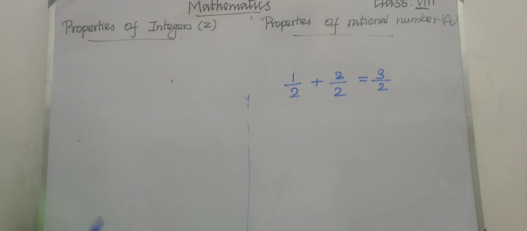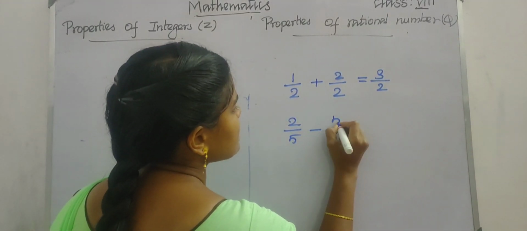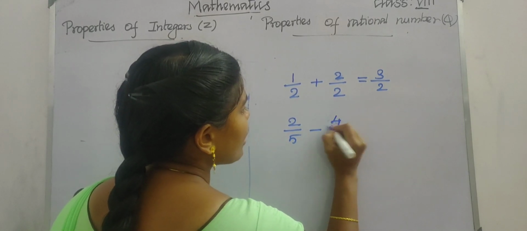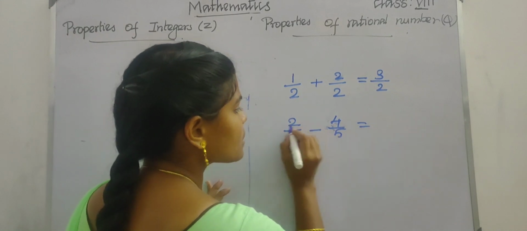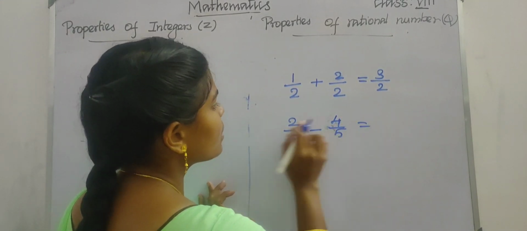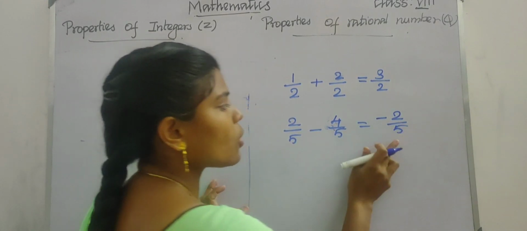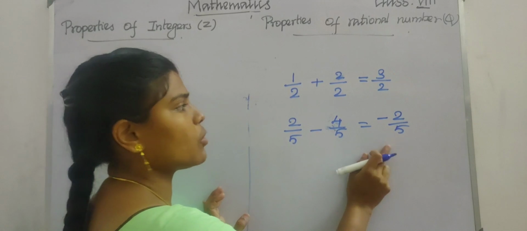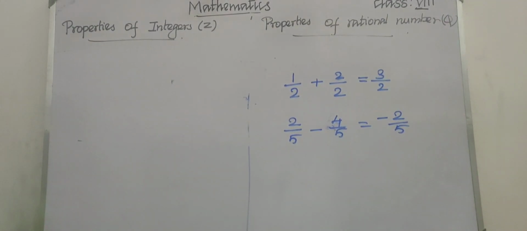Simply, if I am subtracting 2 upon 5 minus 4 upon 5, these two are rational numbers, right? So subtraction, what will you get? Minus 2 upon 5. It is also a rational number. Okay children, so the subtraction of rational numbers is also closed.